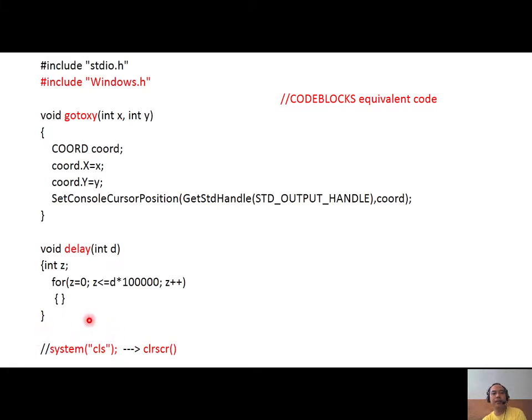So we're going to go back to Code::Blocks. You'll be needing the system function, then open double quote, close double quote, with the CLS command for the clear screen. That is equivalent to clrscr in Turbo C++.